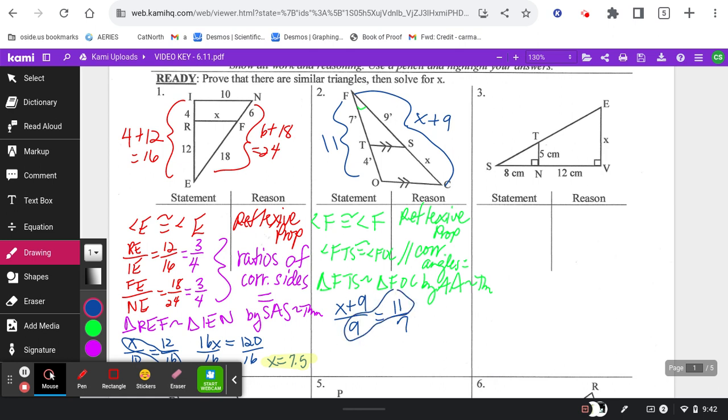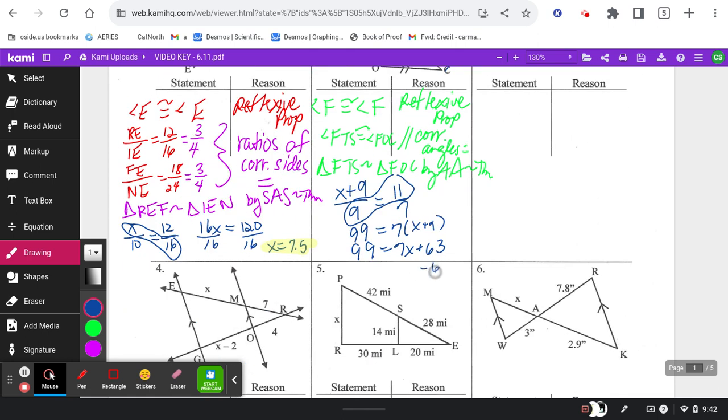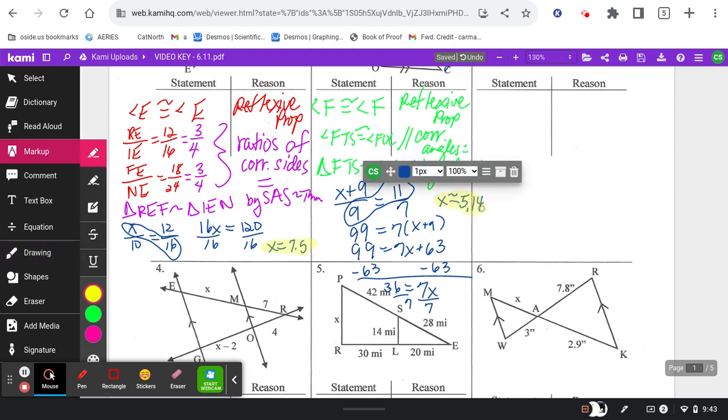We multiply, we get 99. So I'm getting x is 36/7, which is 5.14. How's that look?